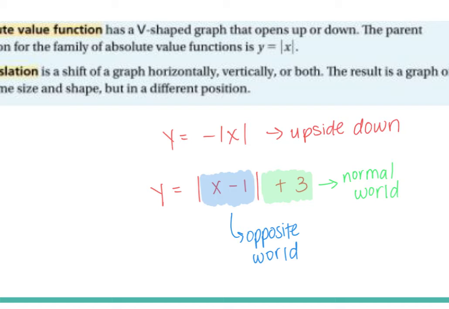Now, right now, you just need to know what they're called, okay? We've got opposite world, we've got normal world, and y equals negative x is the upside down.